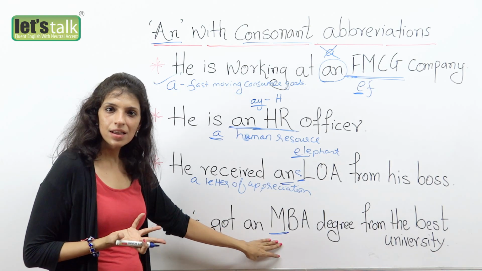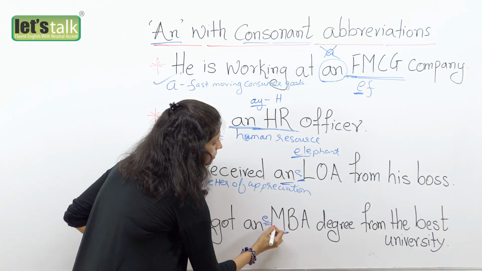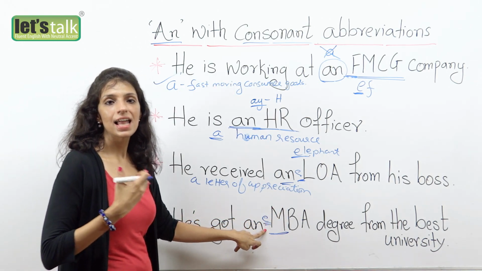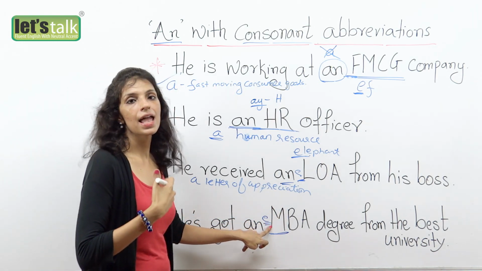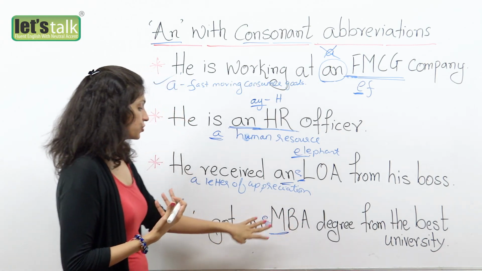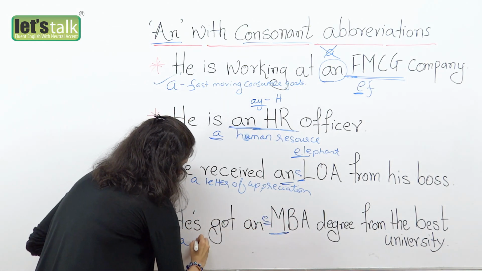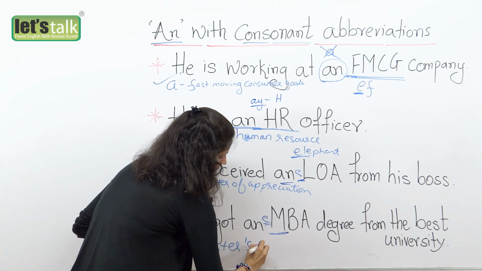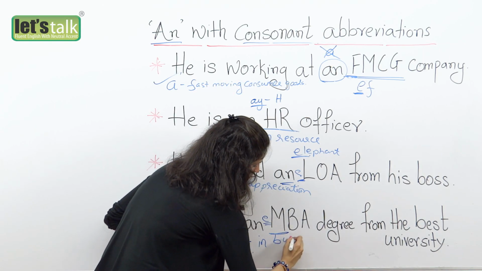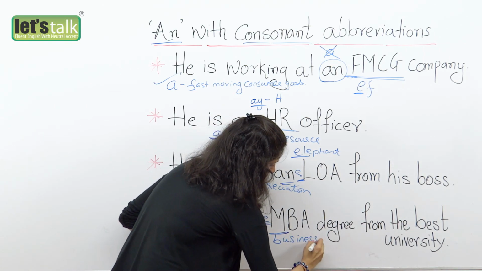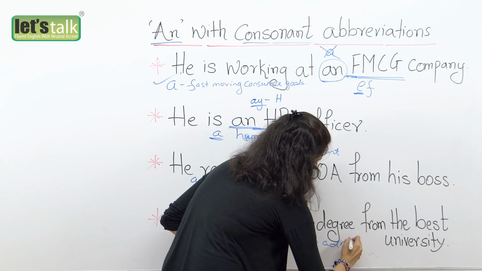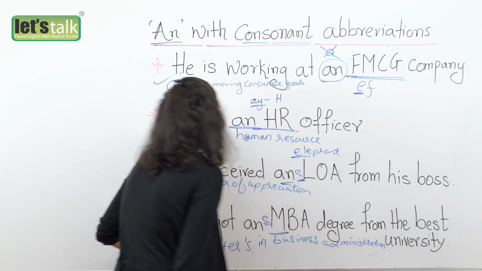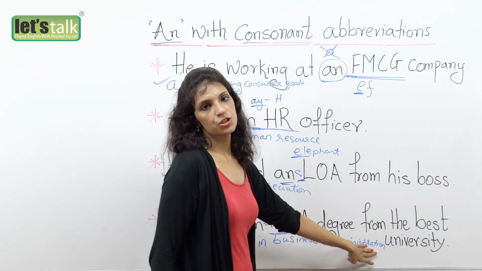An MBA, again, you see, consonant letter with the vowel sound. So you say an MBA because it's got the vowel sound. But if you say the full form, you will say, well, he's got a master's in business administration degree.